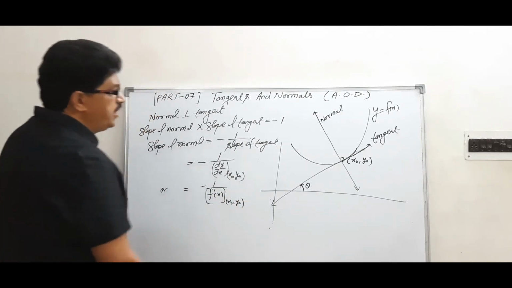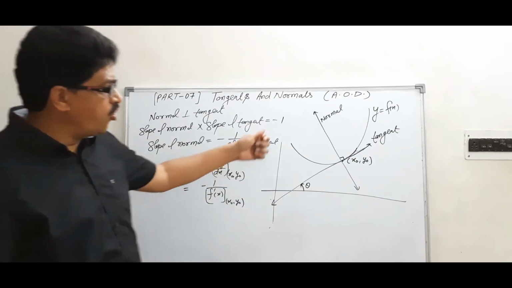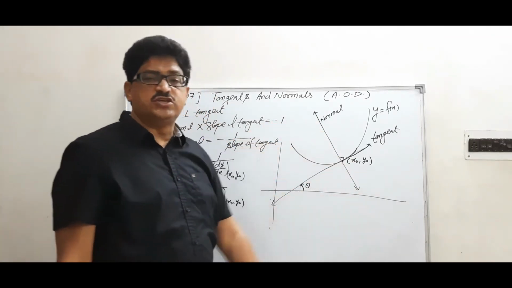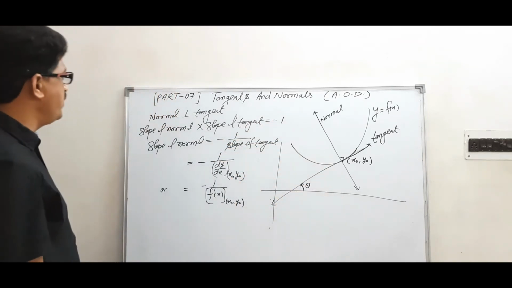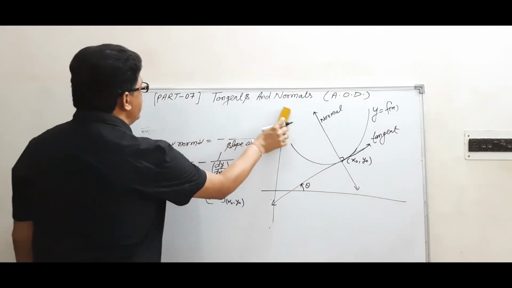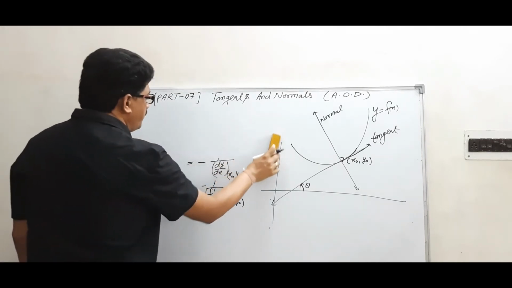Then we can find equation of normal. Normal is also passing through the point x0, y0, and this is also a line, so we can write in the same way the equation of line, that is equation of normal.